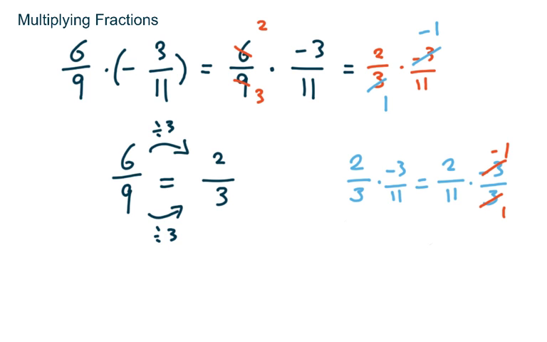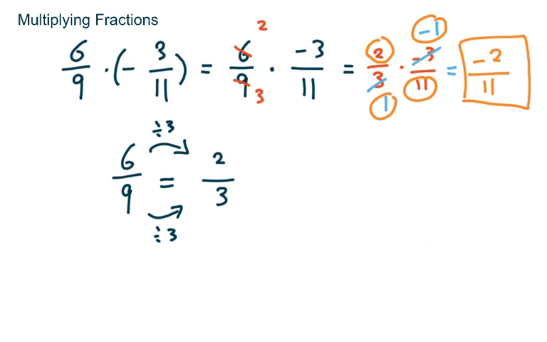Okay, so after I reduce this, now I can finally multiply the 2 and the negative 1, and I get negative 2. Then I multiply the 1 and the 11, I get 11. So the answer is negative 2 over 11. You can also write your answer as negative 2 over 11 with the negative sign in front of the fraction.